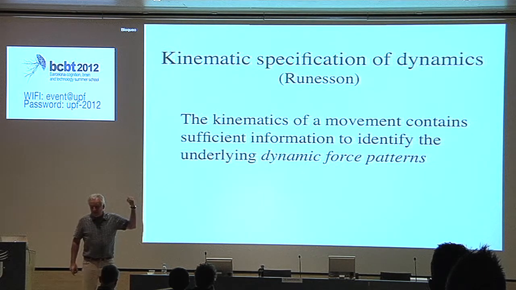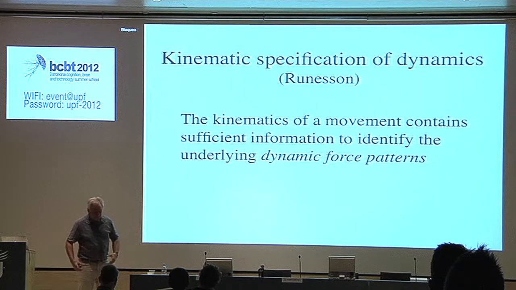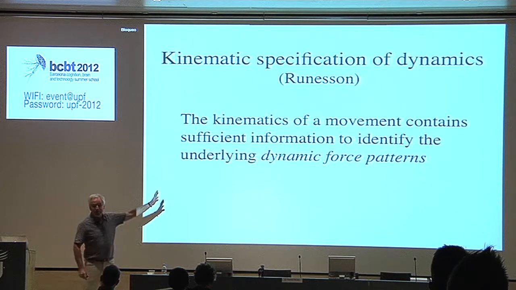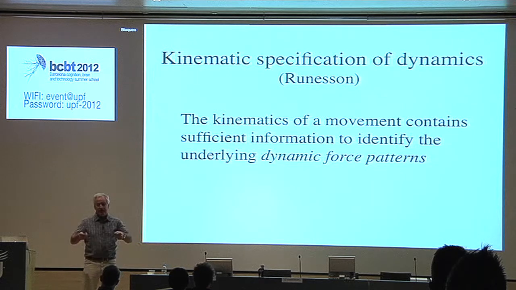Actually, they made a variation of these dot light experiments where a person dressed in black, in a black room, lifted a black box, and you had the lights on the body. The weight of the box was between 2 kilos and 20 kilos. In the movie, you see nothing of the box. You only see the person lifting it.